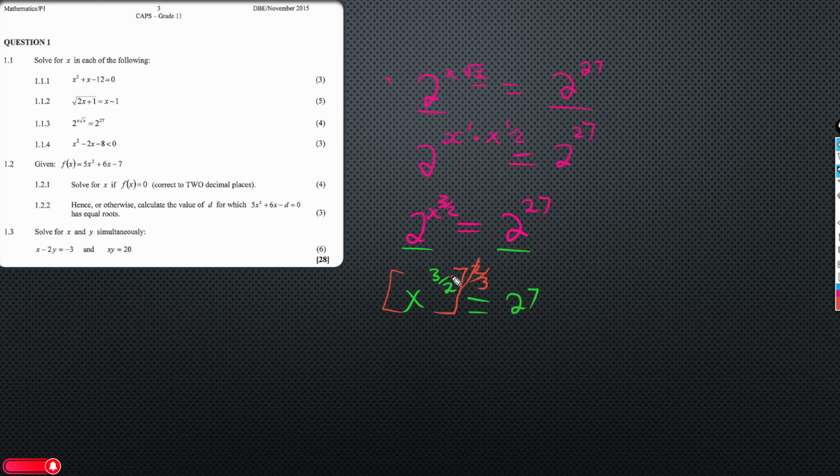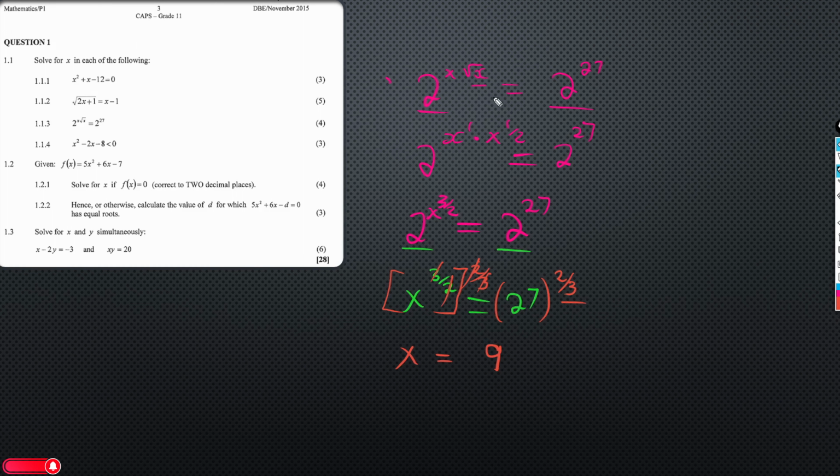This will cancel this, and on this side we have to apply the same, right? So this means that x is equal to 9 if you apply this via the calculator.